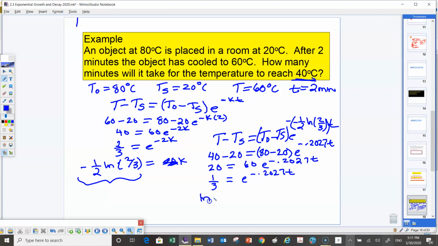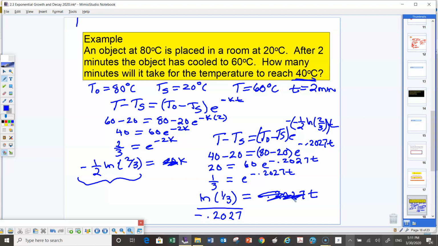Take the logarithm of both sides. And when I take the logarithm of the right side, we should know by now that this is just going to come out front. And now I'm going to divide by negative 0.2027, and that should give me t.